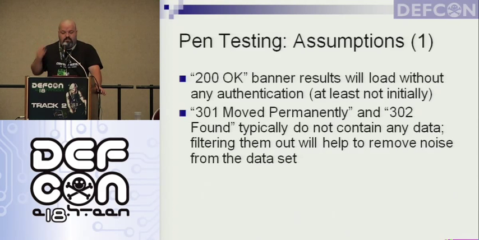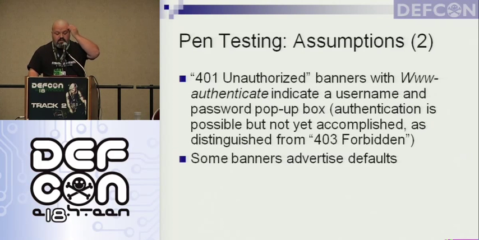301 and 302, typically in the case of Shodan, don't provide us with a lot of data. Yes, you could follow the result where it's moved to, but typically it's running into the dark without really knowing where you're going. So we can use the filters, the Boolean logic, to filter these out. 401 unauthorized is typically saying you don't have permission to view this page. However, it doesn't necessarily mean we can't get there.